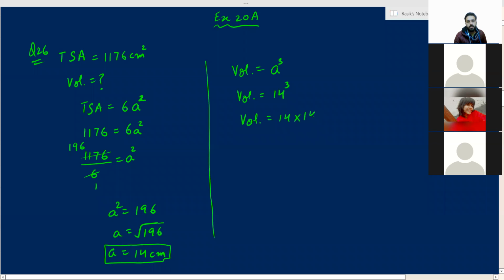So 14 into 14 into 14. Find the product. 14 square is 196. 196 into 14. What is it?